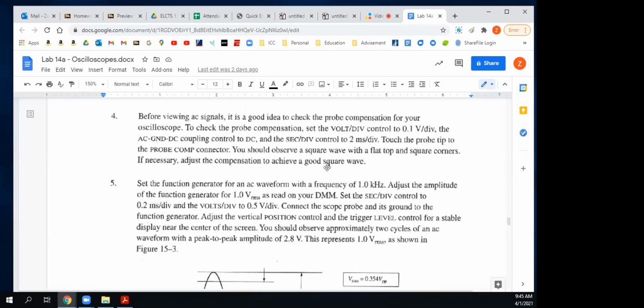If necessary, adjust the compensation to achieve a good square wave. I don't even know how to do that on this scope. Probe. Change that.